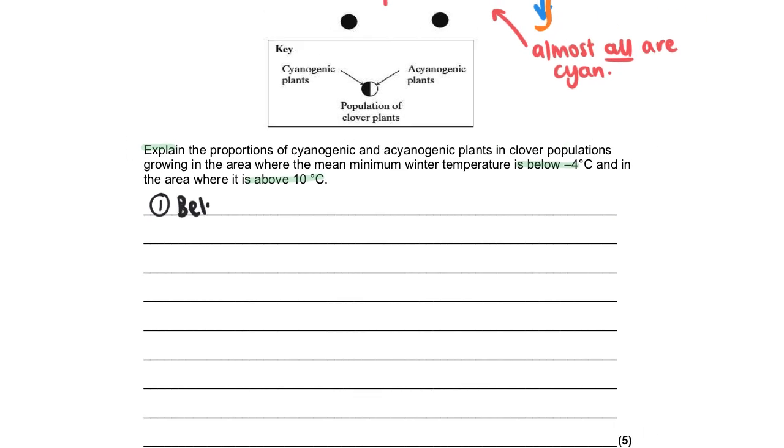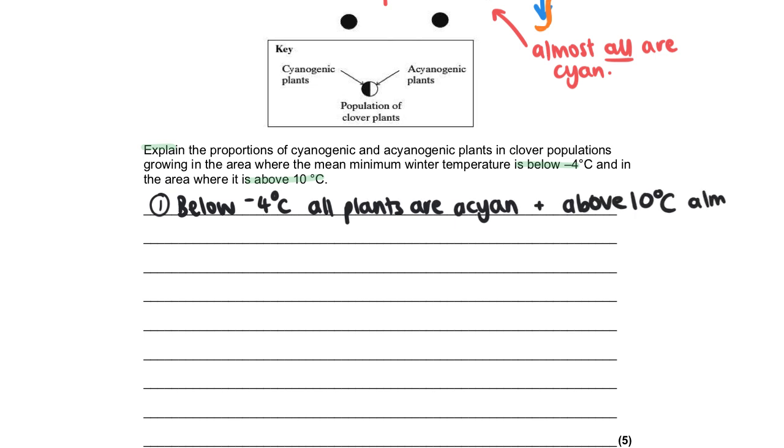So below -4, all plants are acyanogenic, and above 10 degrees, oh, not 10%, almost all are cyanogenic.